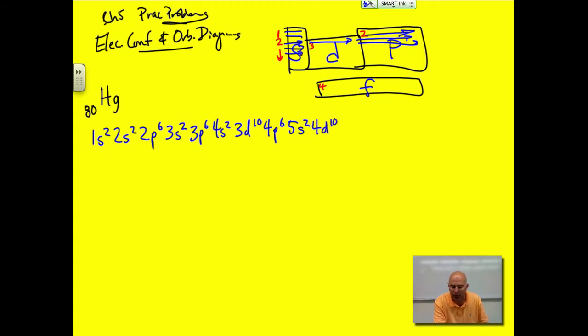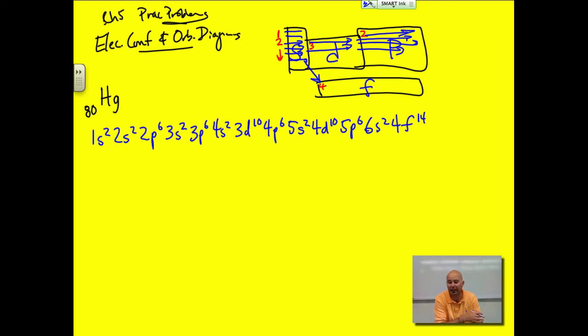And again, we were going through here. Then we're at the 5p6. After 5p6, 6s2. And after 6s2, that's cesium and barium, number 55 and 56, we then go down to the 4f14.